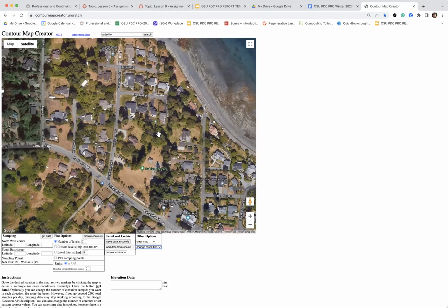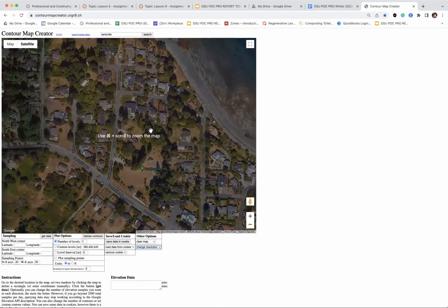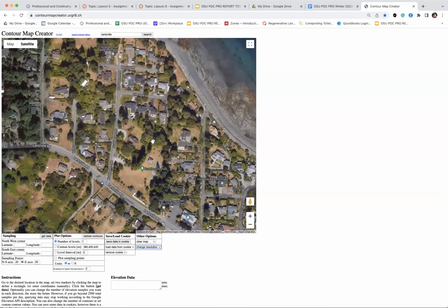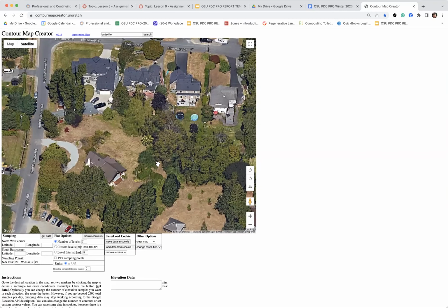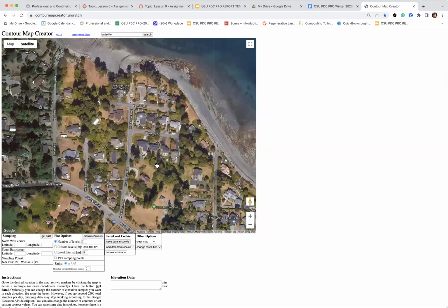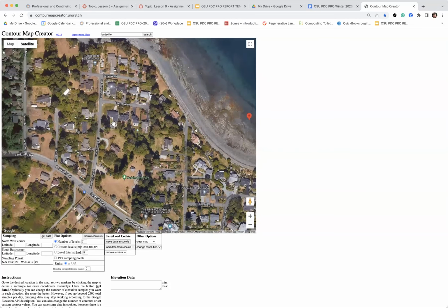So what we want to do is, we'll just pick a site here. Let's say our project site is right here. Okay. What we want to do is get data for it.